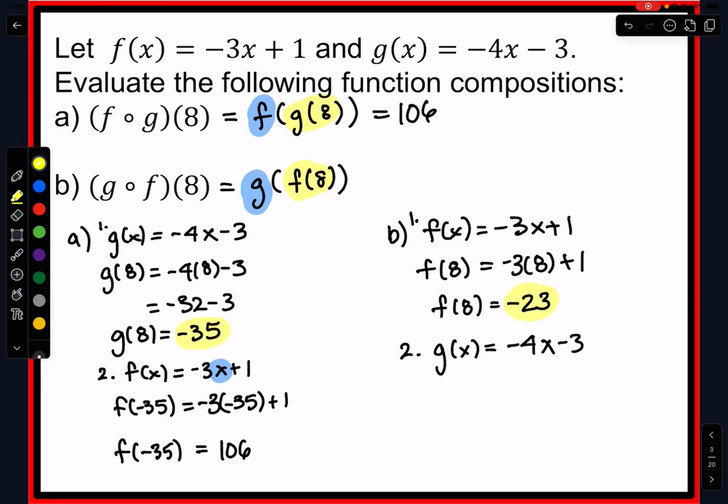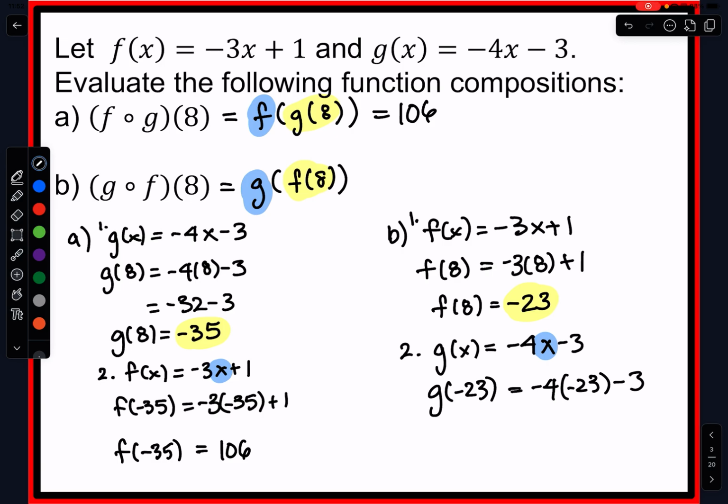So I'm going to get this, that's the inside now. I'm going to plug that into the x value of g. So that will look like this. g of -23 is -4 times -23 minus 3.